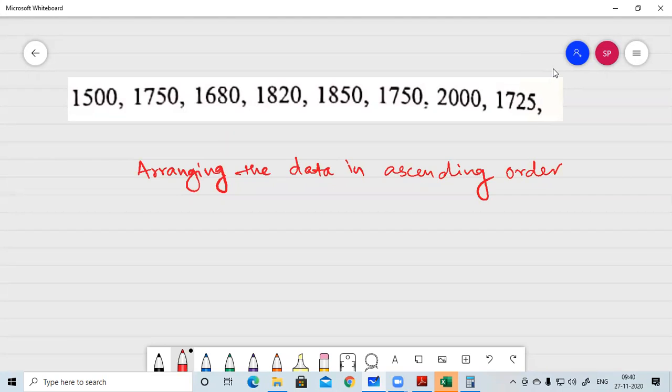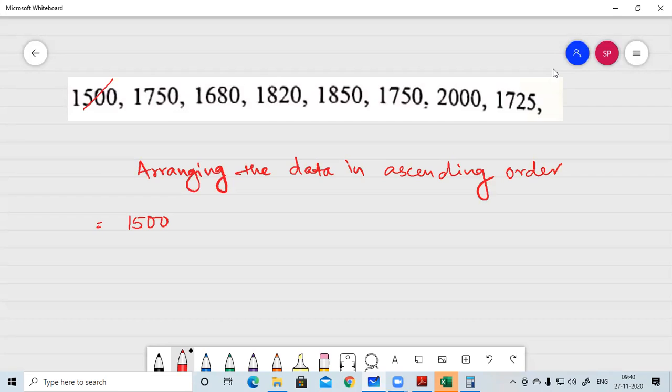Now, which is the smallest number you see in this series? 1500. Whenever you're writing the numbers, it's always preferable that you put a line across the number with a pencil or a pen if you're doing it in the written format, not on the online format, because then you tend to get confused less and your numbers don't get repeated. Even if they're not there, sometimes you tend to copy the same number twice.